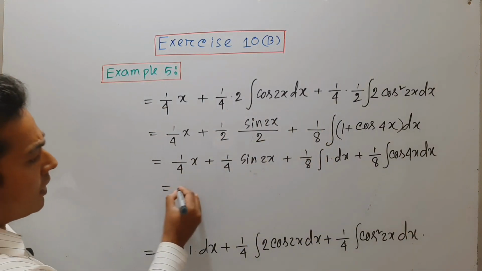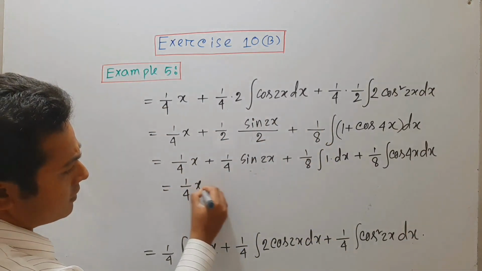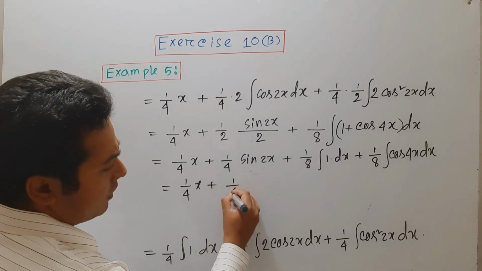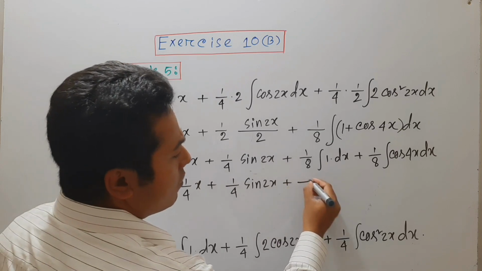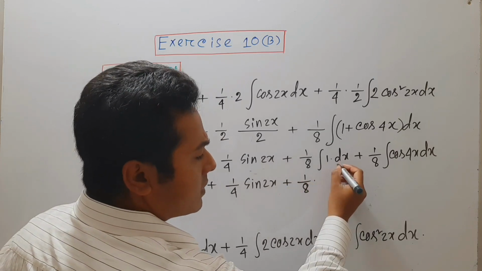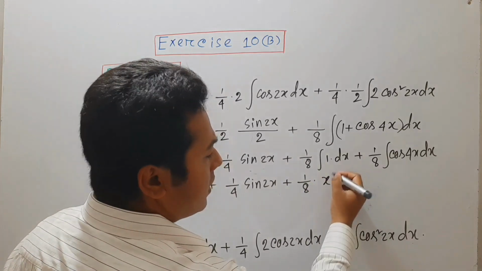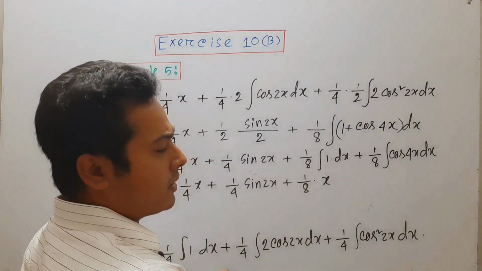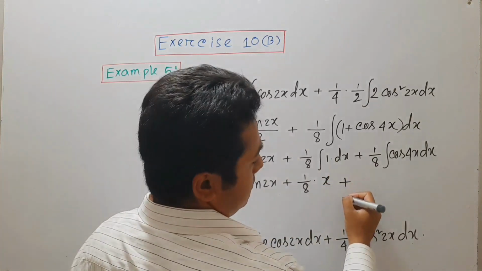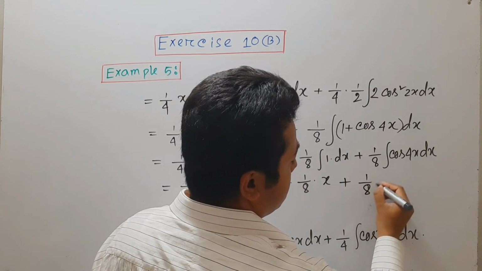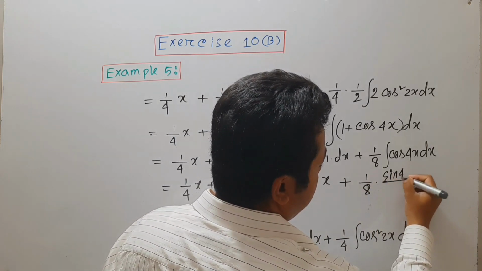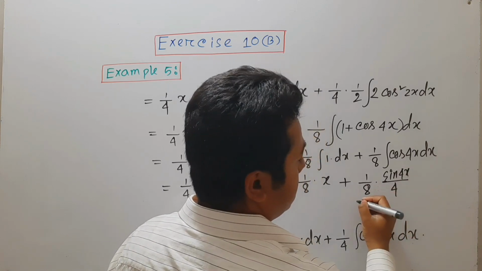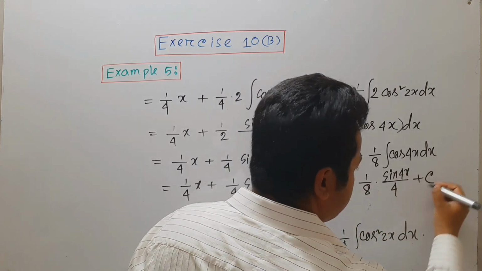Okay, then 1 by 4 into x plus 1 by 4 into sin 2x plus 1 by 8 into x, integration of dx is equal to x, plus 1 by 8, we can write it sin 4x divided by 4 plus c.